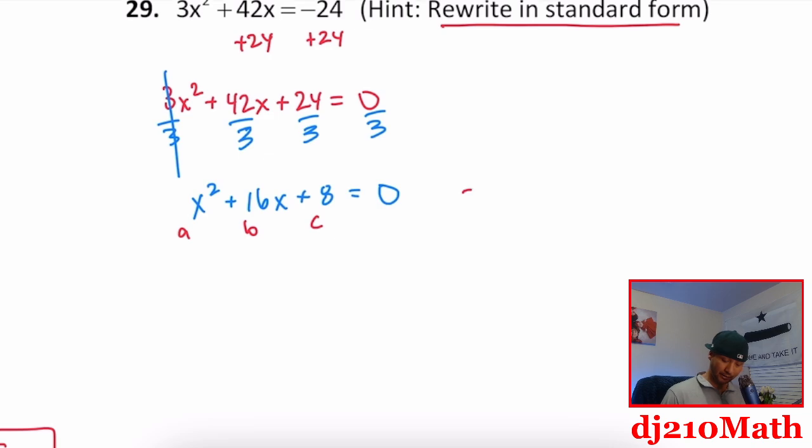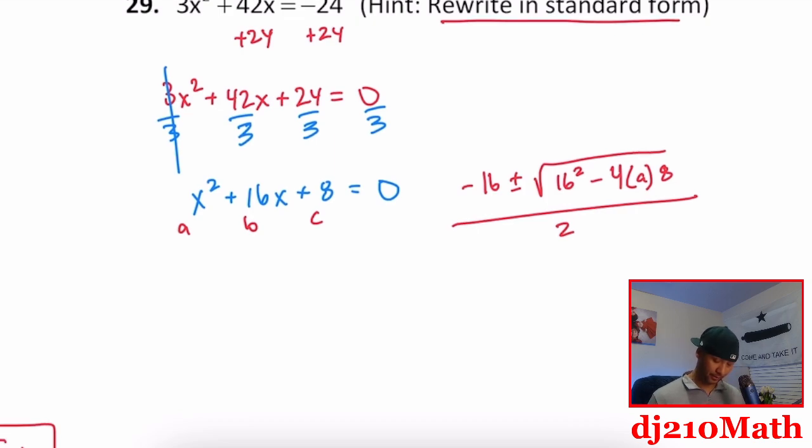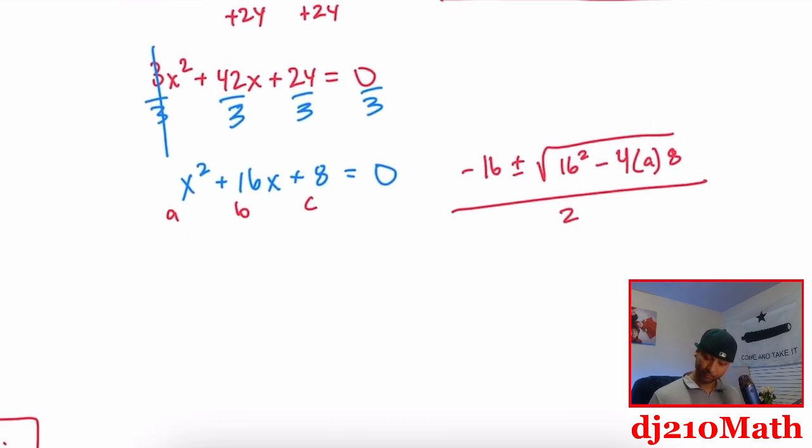So this is going to be negative B, so negative 16, plus or minus the square root of 16 squared minus 4 times A times C, all over 2 times A, which is 1. So I'm not going to write 1. 16 squared is 256. Oh, look, I'm tripping. I wrote A. A is just 1. My bad.